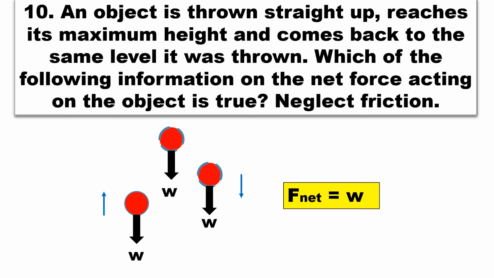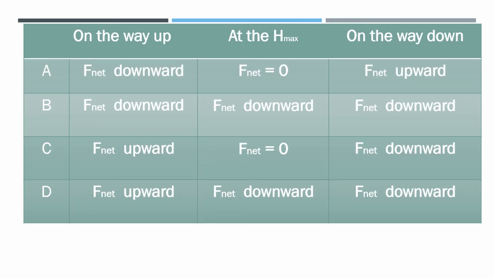So therefore, let's look at the four choices that you're going to select from. For letter A, on its way up, the F net is directed downward.